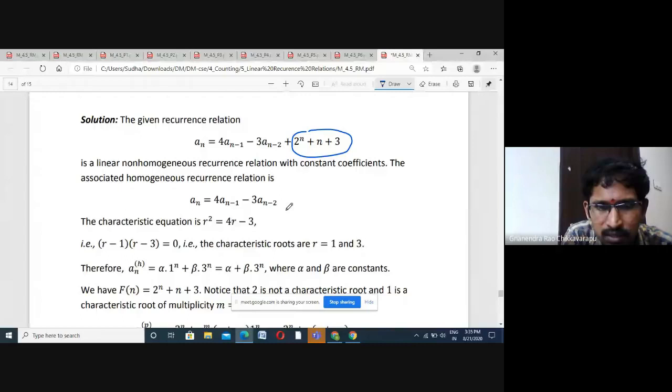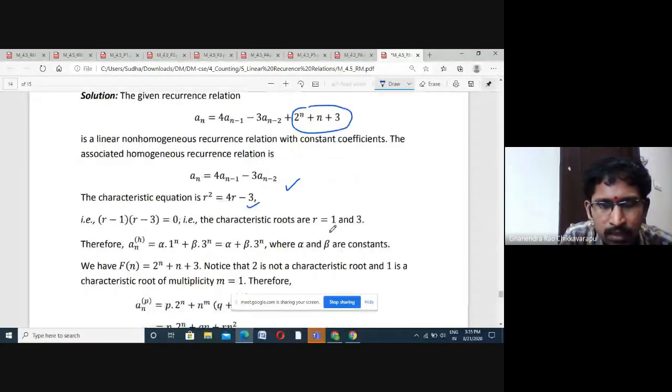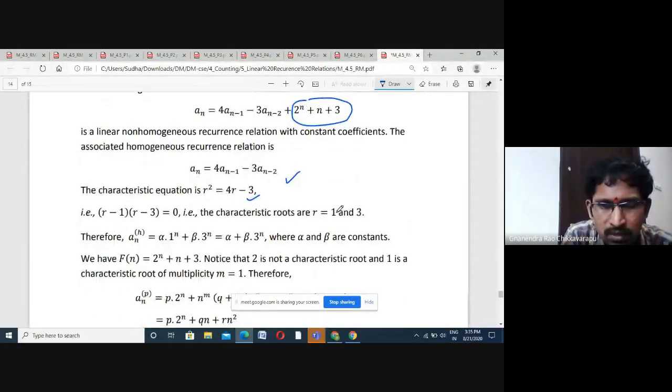In place of a_n, you replace r power n, and solving this, you will get this equation. These are the roots: r is equal to 1 and 3, because each root appears only once. So a constant times 1 power n plus a constant times 3 power n acts as the general solution for the associated homogeneous part.